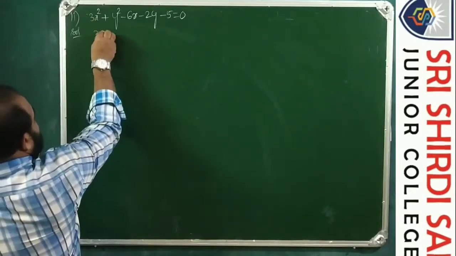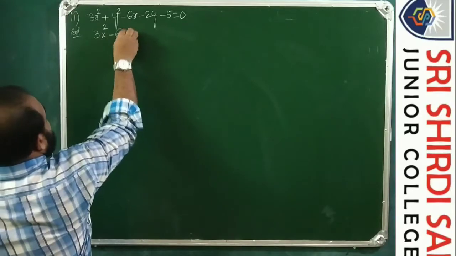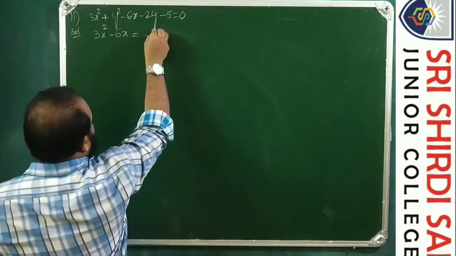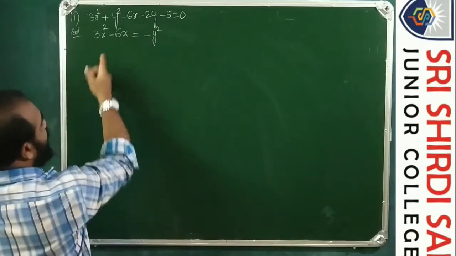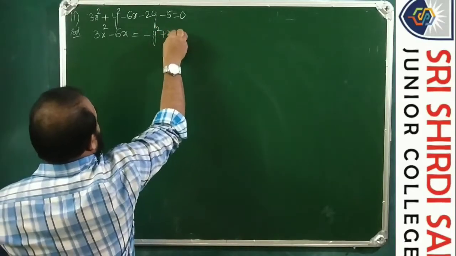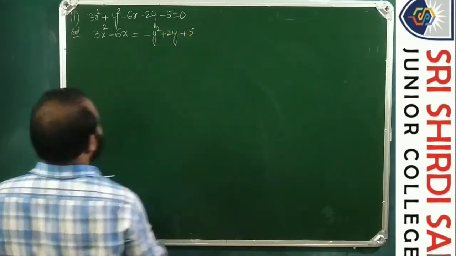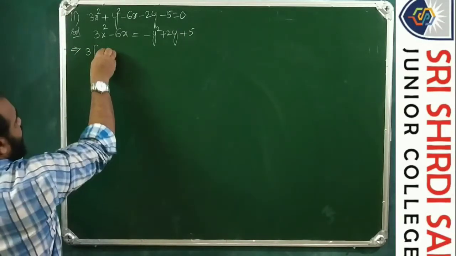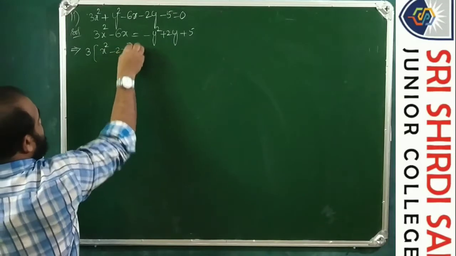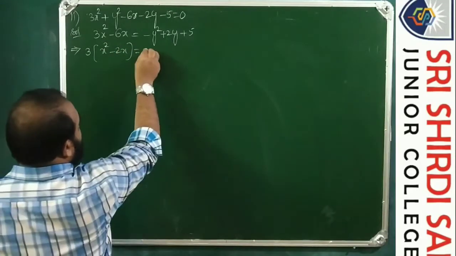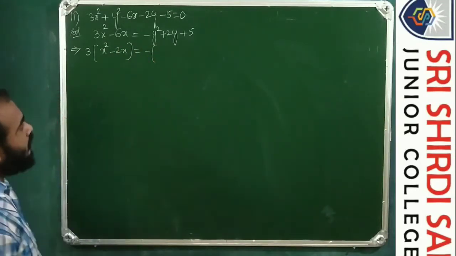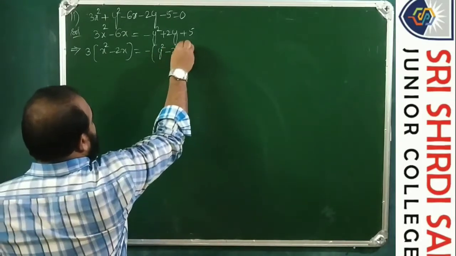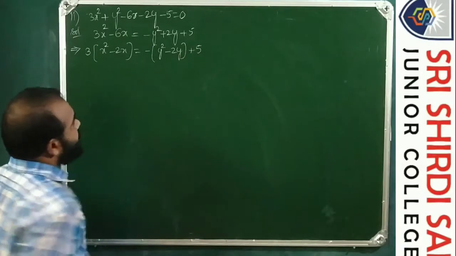So 3x square minus 6x equals, if you transpose the y terms to the other side, minus y square plus 2y plus 5.